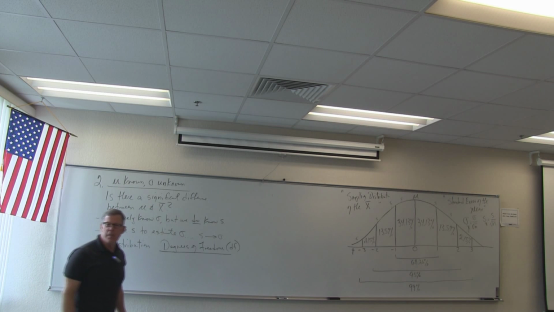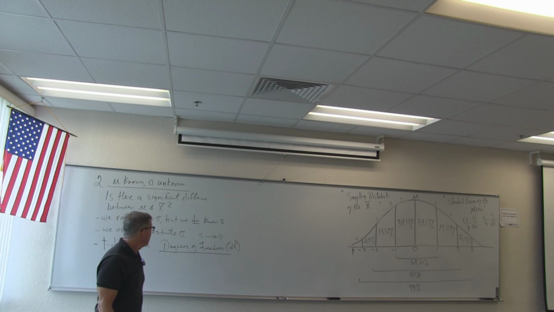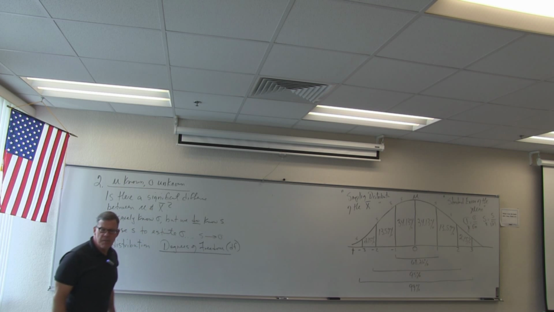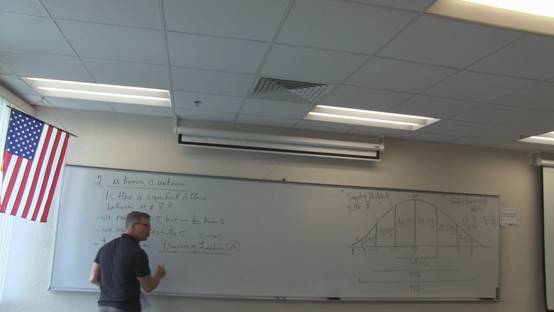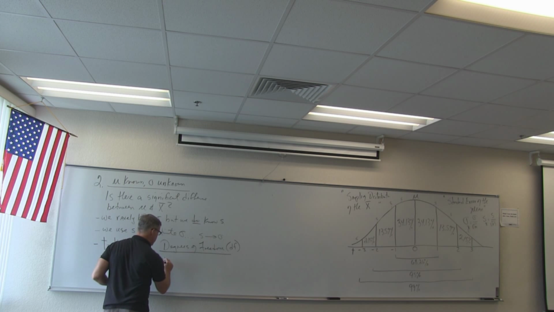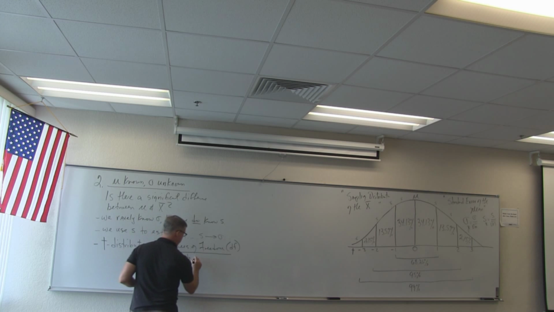Now there's an explanation in the book, but it might confuse you a little bit. What I would like you to just think of is that degrees of freedom relates to sample size. It's very similar to N.